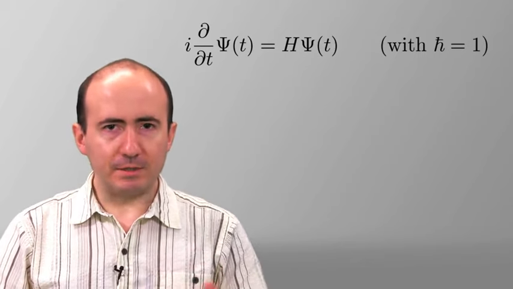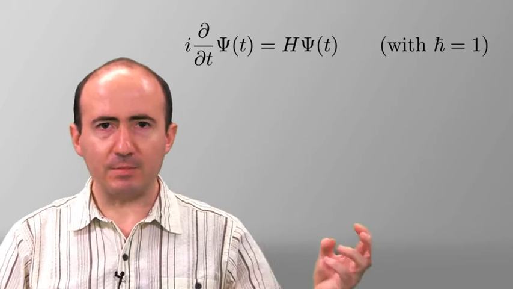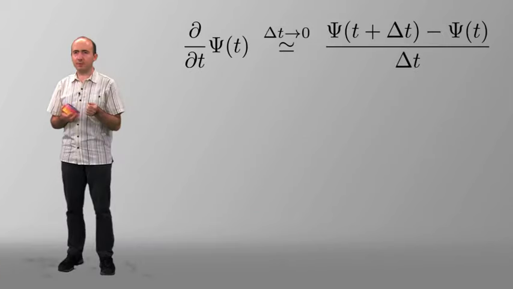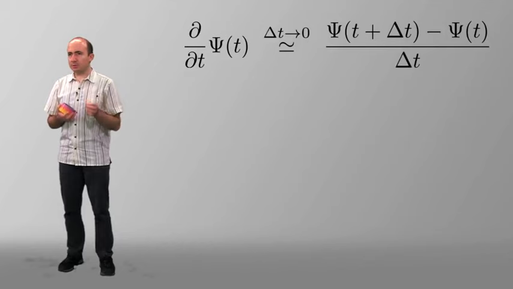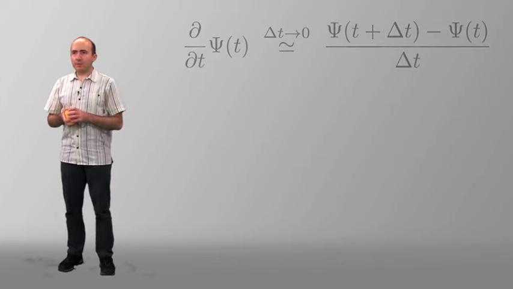To solve this equation, one may be tempted to replace the time derivative by a first-order approximation, which is displayed there, but this is not an option in our case because this would break the conservation of probability. A better choice is to consider the operator solution of this equation, which writes as follows.